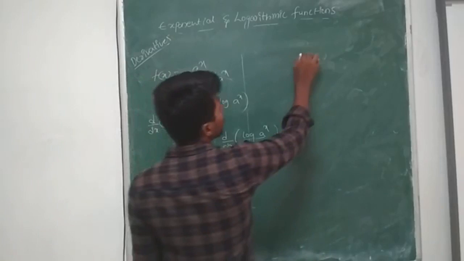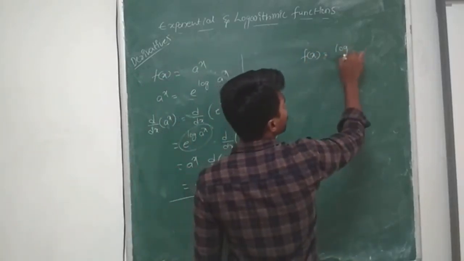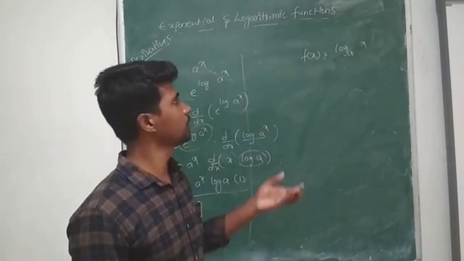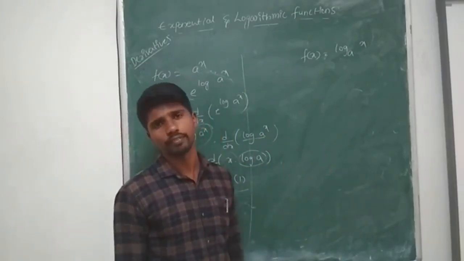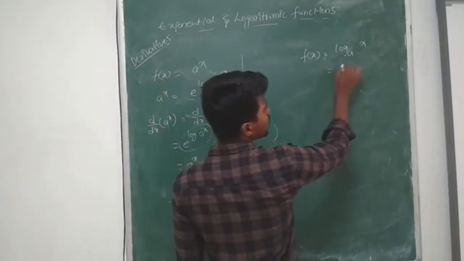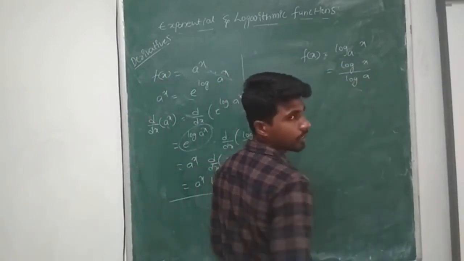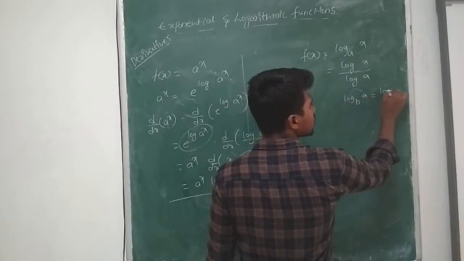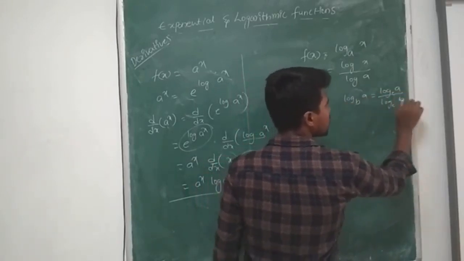Now if the function f of x is equal to logarithm of x to any other base, if its base is not e, if its base is some 10, some 5, some 4, some 6, some root 2, then we can rewrite it as logarithm of x by logarithm of a. In the previous class we learned the formula that log a base b can be written as log a by log b for some base c.